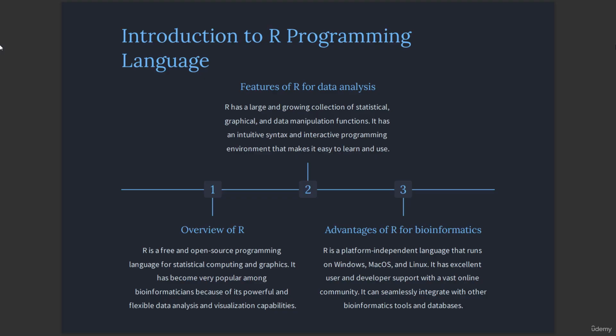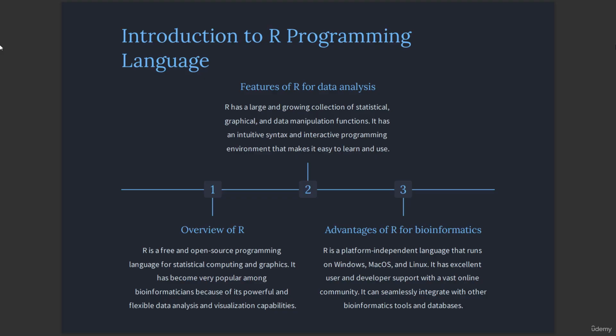Its versatility and flexibility make it an ideal choice for bioinformatics research and analysis. So, what is the main use of R? Basically, R is platform independent and runs on macOS, Linux, and Windows operating systems. It has excellent user and developer support as well, so you can use it with its vast online community.